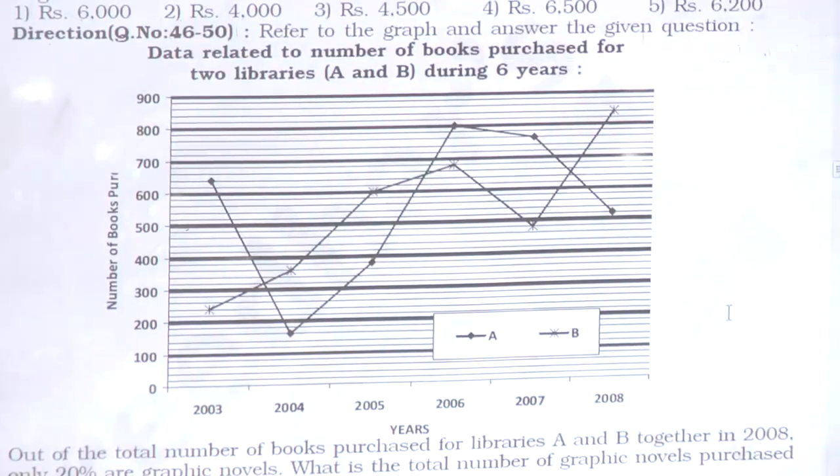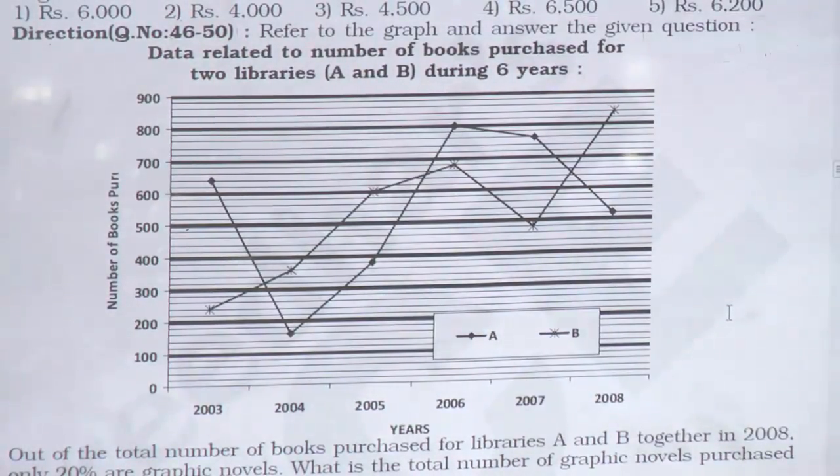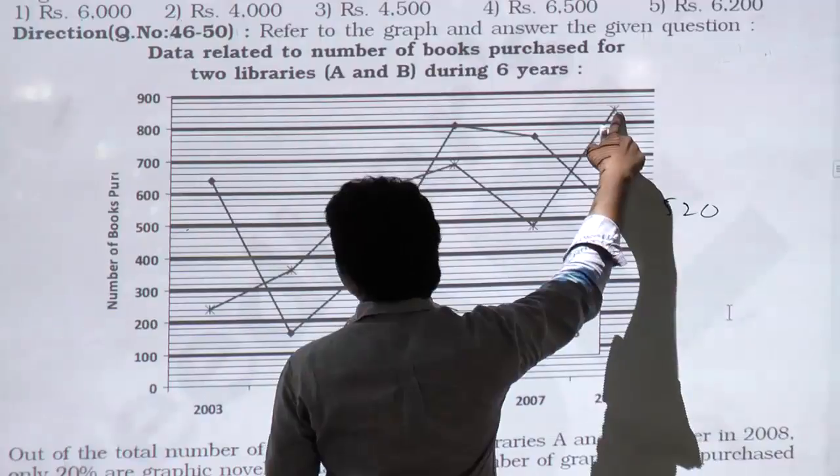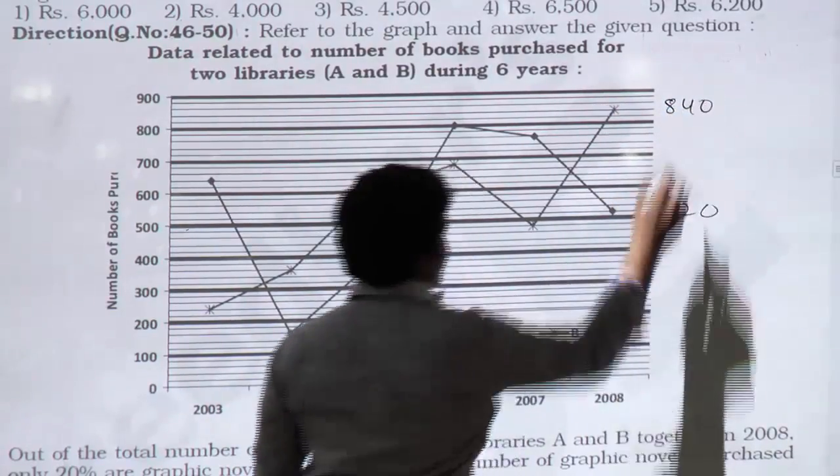46. Out of the total number of books purchased for library A and B together in 2008, only 20% are graphic novels. What is the total number of graphic novels purchased for libraries A and B together in 2008? In 2008, how much is this? 520, and this one 840.